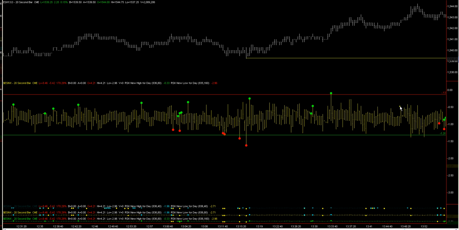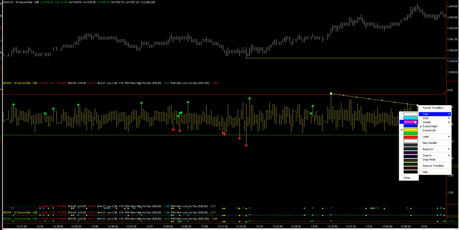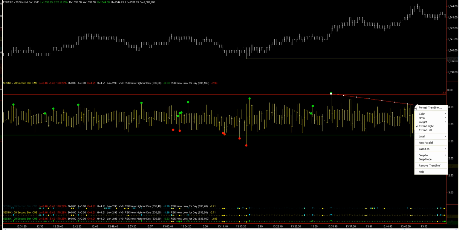This is divergent. There's a huge divergence. Look at this. Okay, just look at this. That's huge.